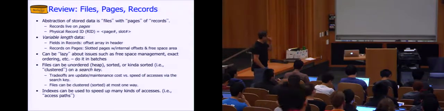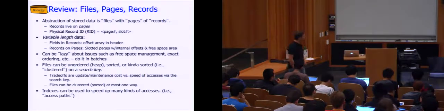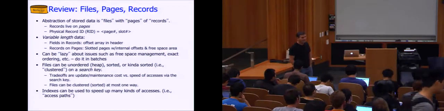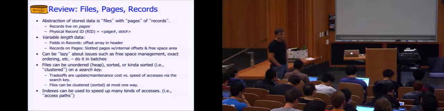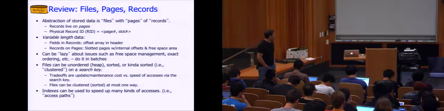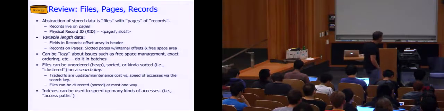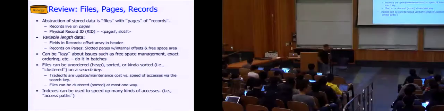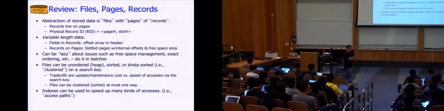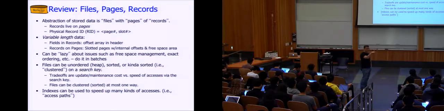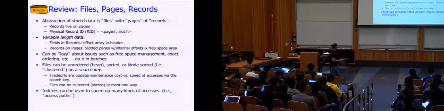Okay. If you have a file that spans multiple disks, there's probably embedded in that page number a disk ID as well. Okay. Variable length data, you should remember, because this is the general case. To store fields in records with variable length fields, we'll have that list of offsets at the front of the record with the little pointers into the middle of the record to tell us where to go find field 1, field 2, field 3, and so on.